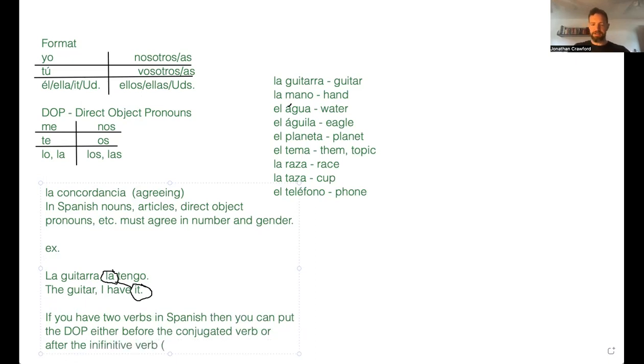And it has to be attached to the end. And so let's do some examples of that.